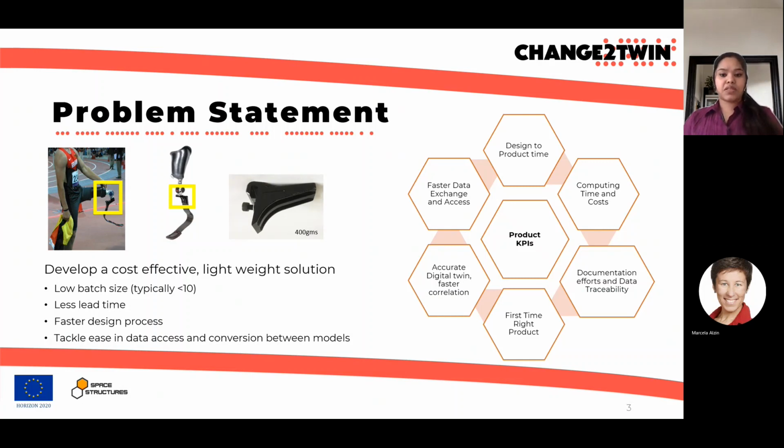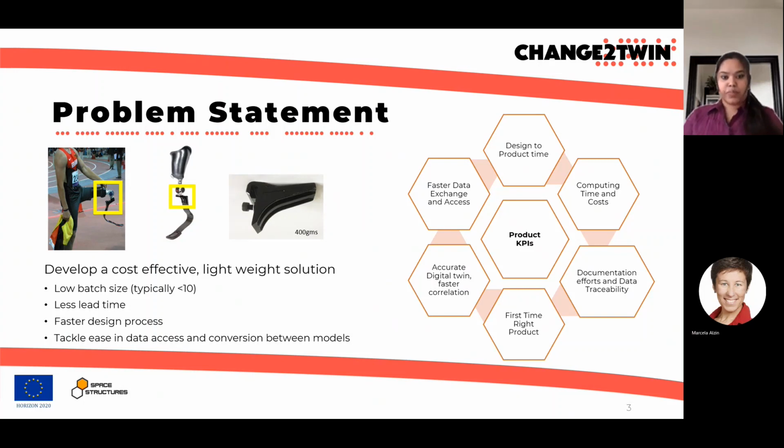Based on the KPIs, we look at how we can use digital processes to improve our production process. Also, the KPIs drive the decisions on the requirements and the technology to be implemented.